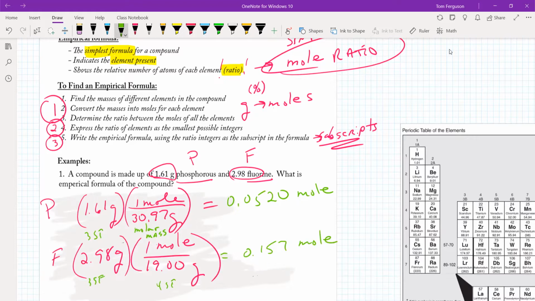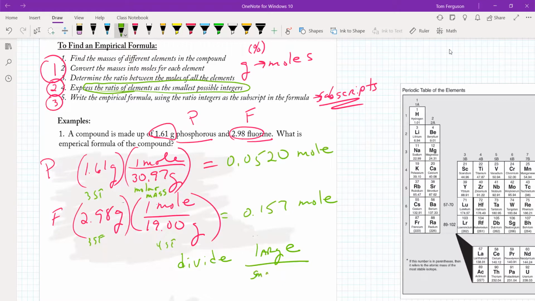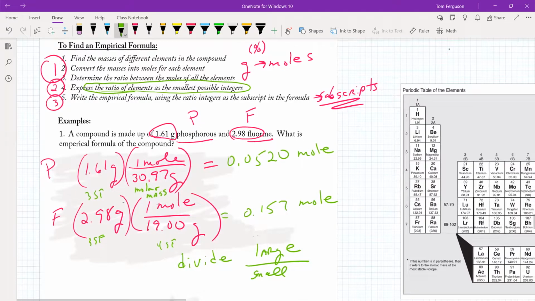Okay, so this is step 1. Step 2 is expressing the ratio as the smallest possible integer. That means we're going to divide the large by the small.